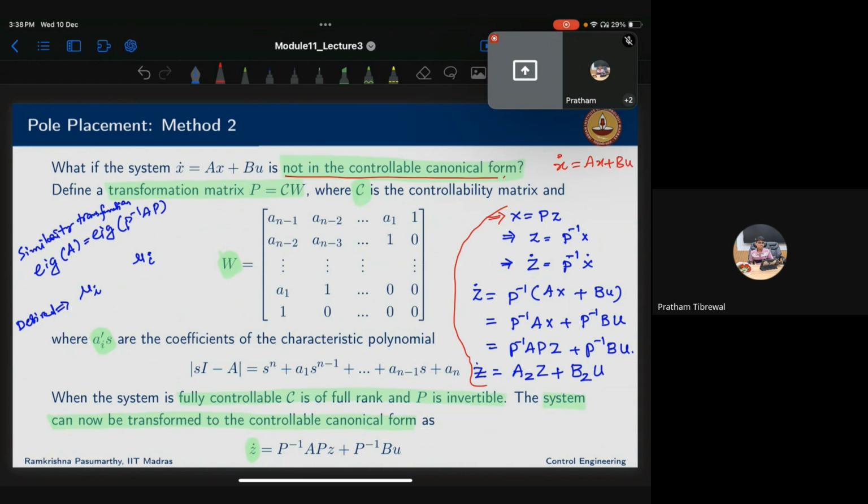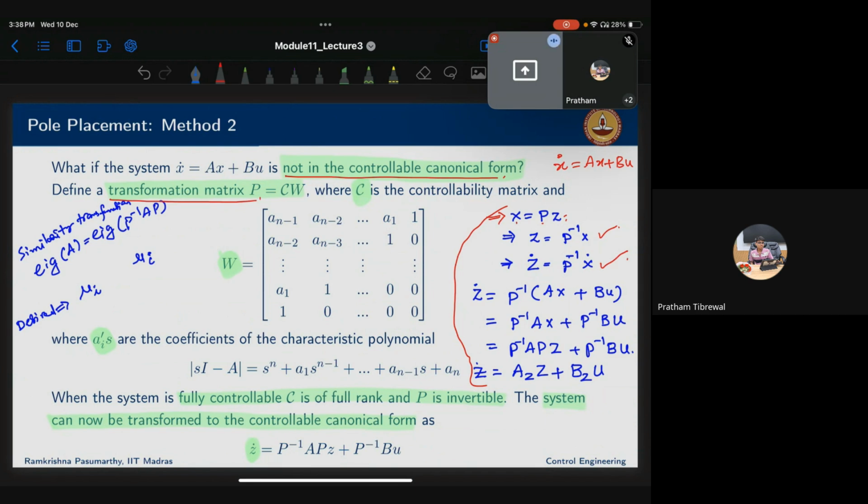We take a new state variable z. We take x is equal to Pz, where P is the transformation matrix. So from here we can find z, which is nothing but P inverse x, provided P inverse exists.